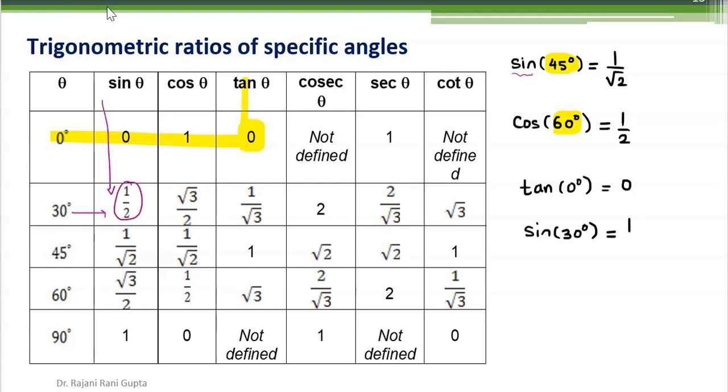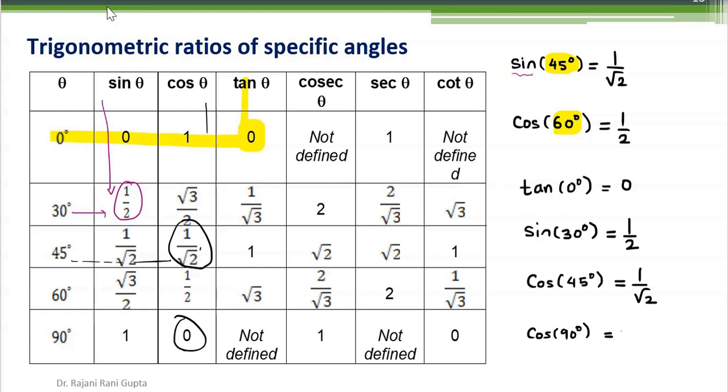I hope it's clear now. And then try: what will be cos of 45 degree? 45 from here, cos from here. So 1 over root 2. Similarly, cos of 90 degree. 90 and cos. This gives you 0.